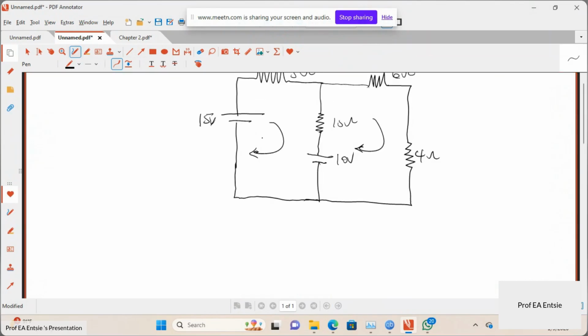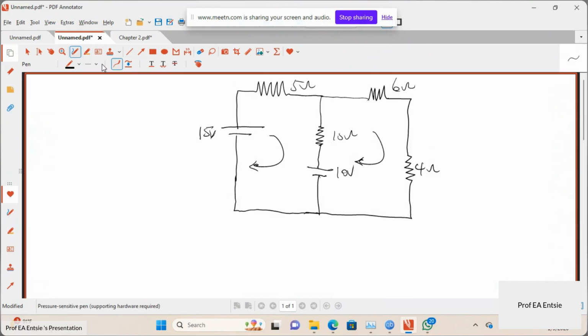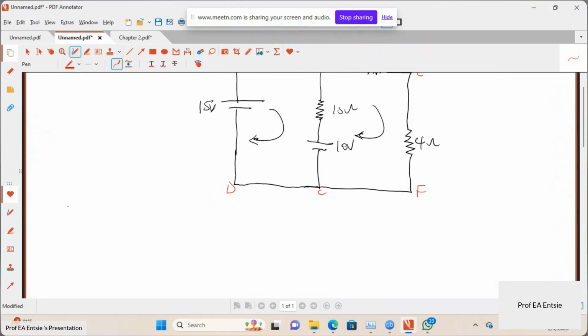Let me call this loop A, B, C, D. Then here will be E, F. So the first loop is A, B, C, D, A, right?